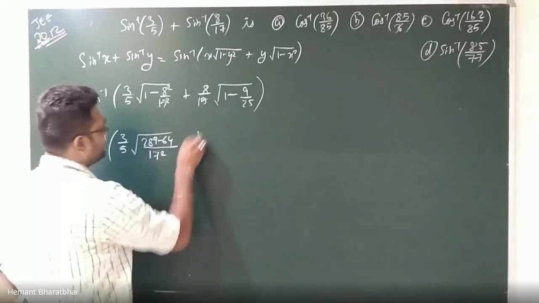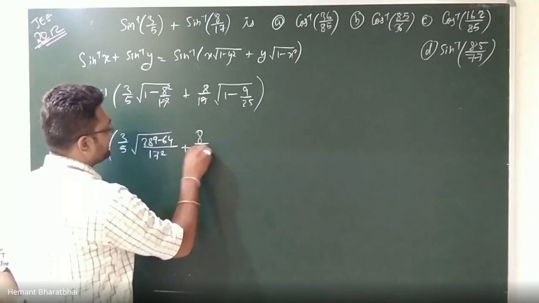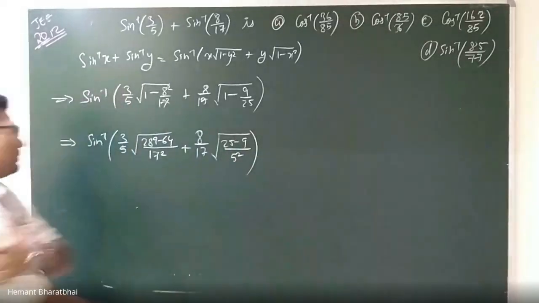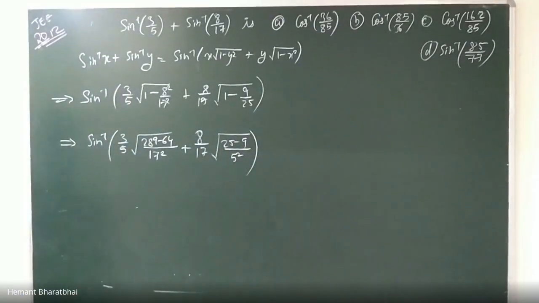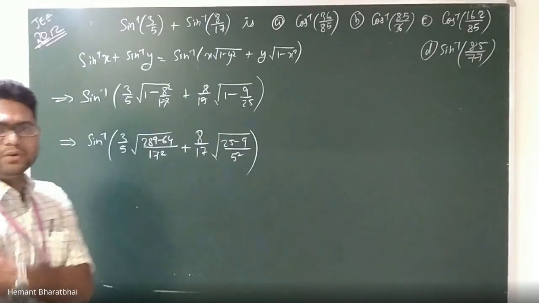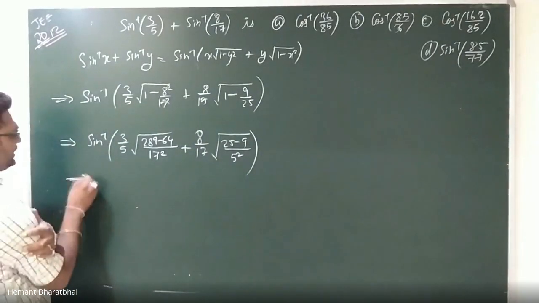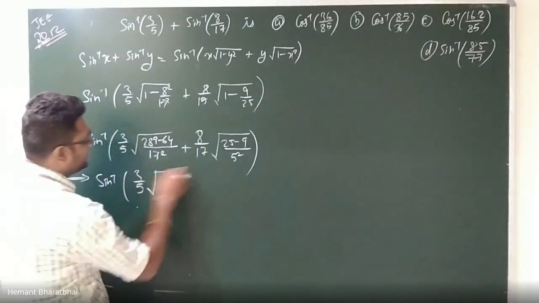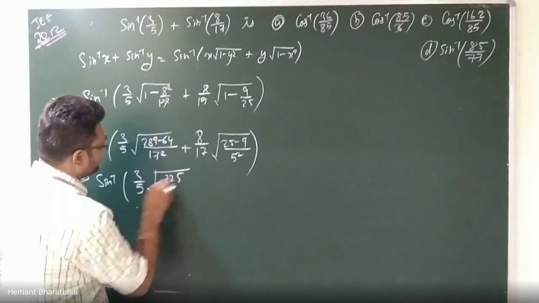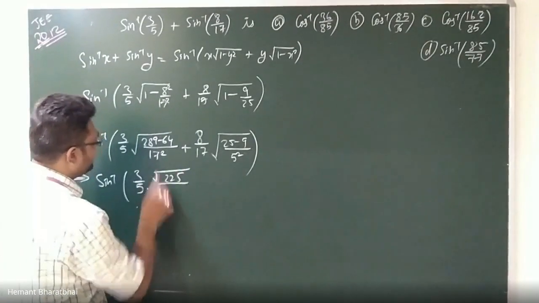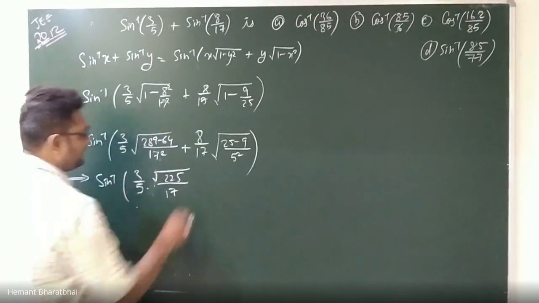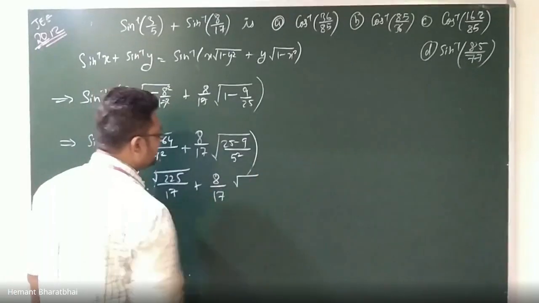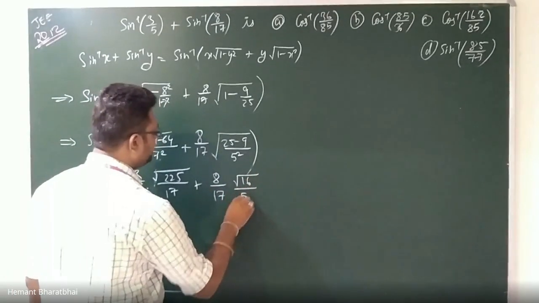Plus 8 by 17 into under root of 25 minus 9 upon 25. So 289 minus 64 will give me 225. So I'll get sine inverse of 3 by 5 into square root of 225 upon 17 square, that is 15 by 17, plus 8 by 17 into 25 minus 9, which will be 16, square root of 16 by 5.